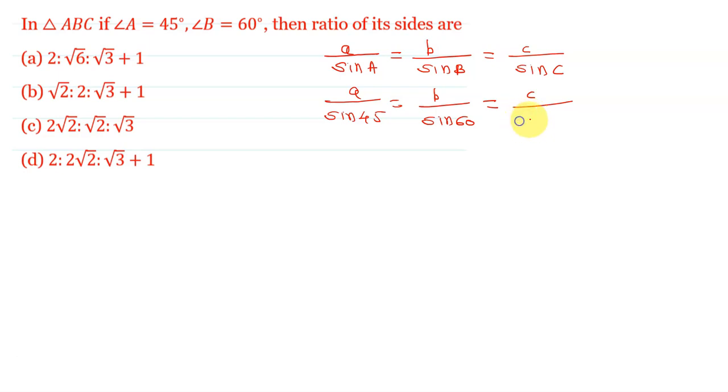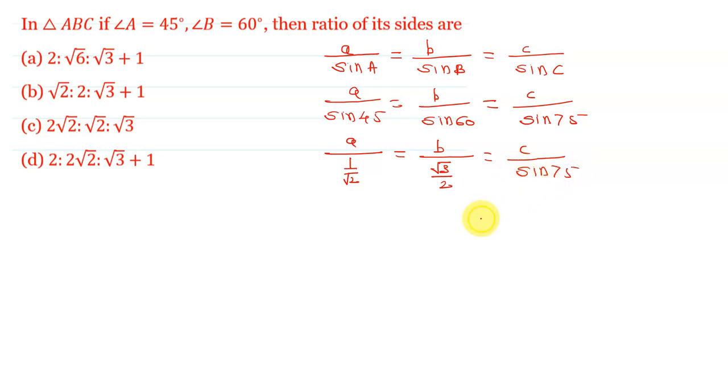Therefore, the angle C is 75. Now here a upon sine 45 is 1 by root 2, equal to b upon sine 60, root 3 upon 2, and c upon sine of 75.